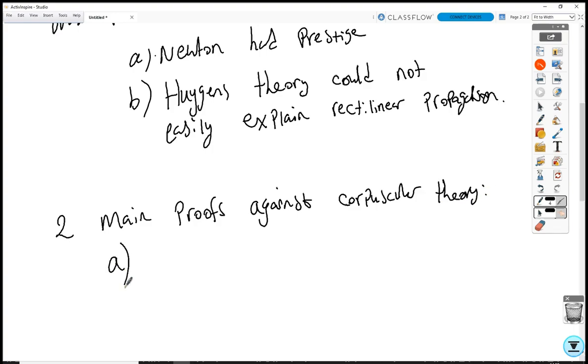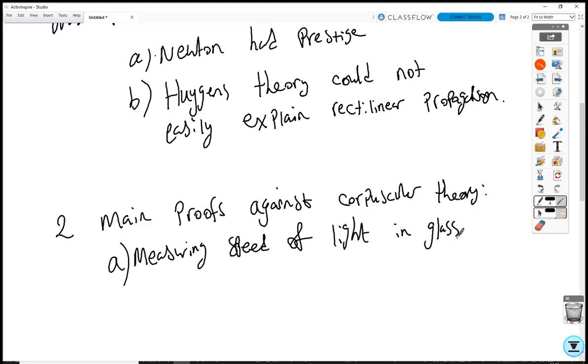And these are A, measuring the speed of light in glass, and B, Young's double slit experiment, which produced an interference pattern.